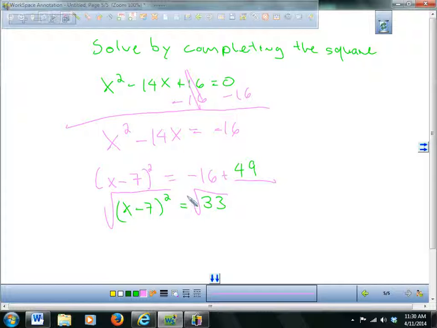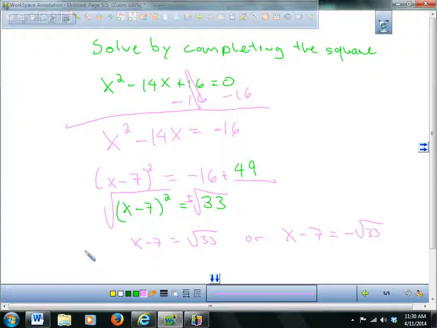And you have to remember plus or minus, because all of these are going to have 2 answers. So you have x minus 7, because the square root takes away the square, equals positive square root of 33, or x minus 7 equals negative square root of 33.